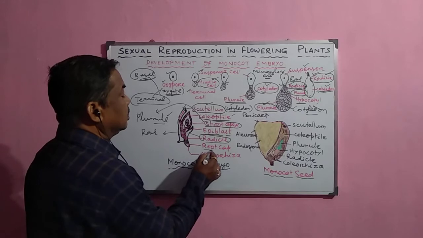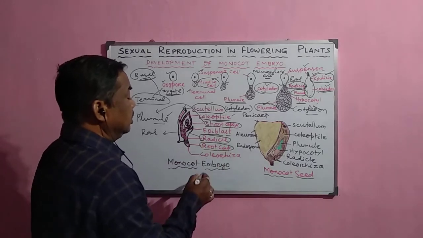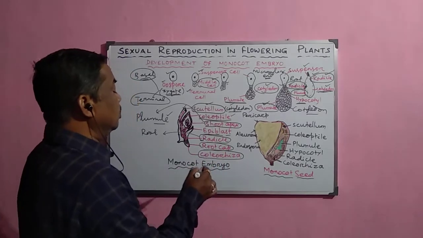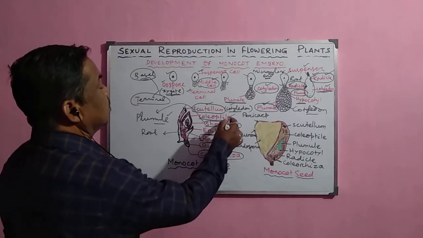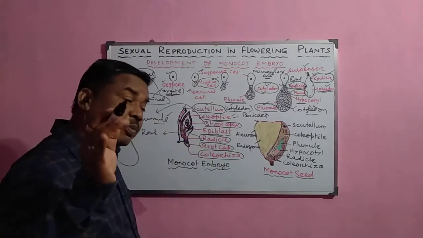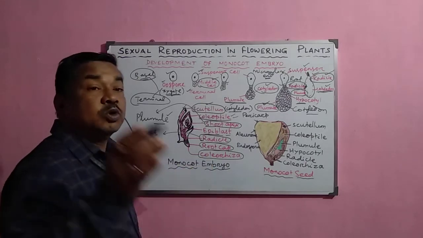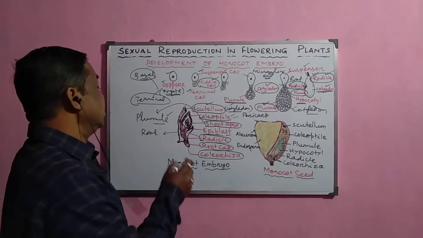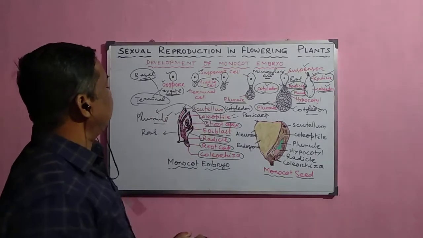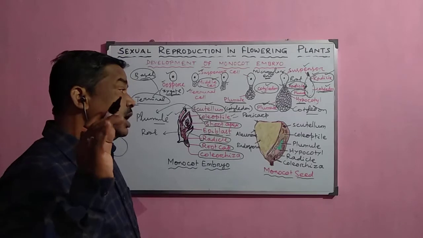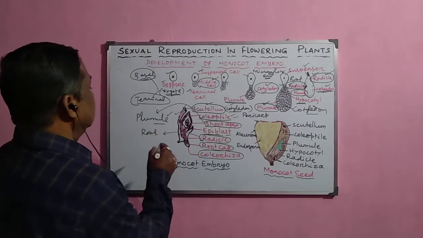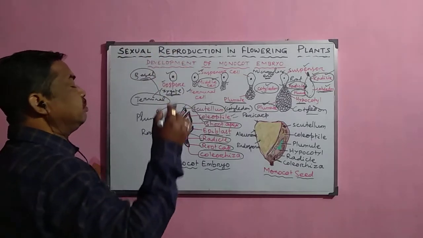This root cap and the radicle are protected by a covering called the coleorhiza. That is why here the coleoptile protects the plumule or the shoot apex, and the coleorhiza protects the root cap and the radicle. These are the different parts of the monocot embryo, and from this monocot embryo the whole plant gradually develops later on.